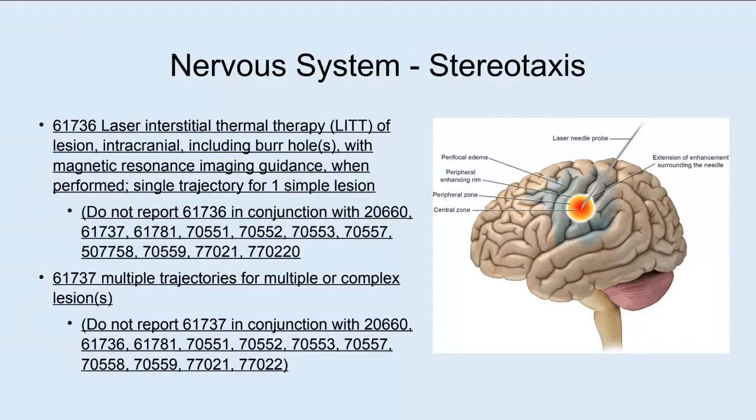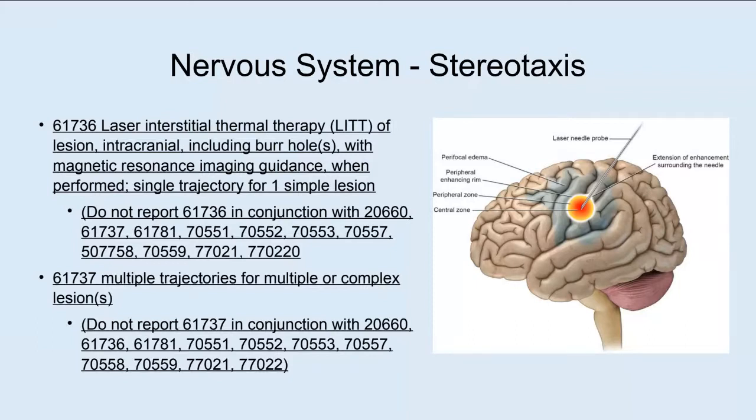So the do not report note under 61736 refers to 20660, application of halo or stereotactic frame. So you don't use a frame for these procedures. Also included are LIT, computer-assisted stereotaxis, and radiological procedures.